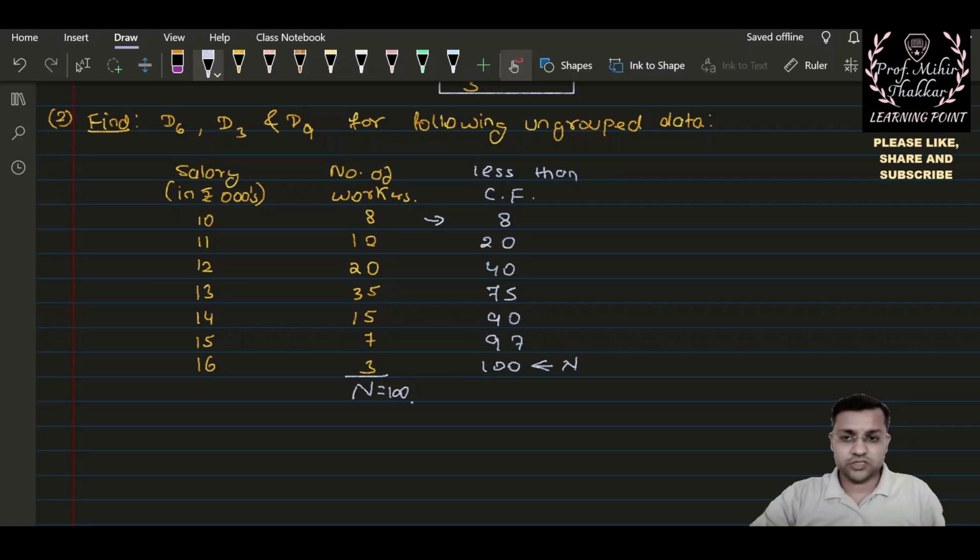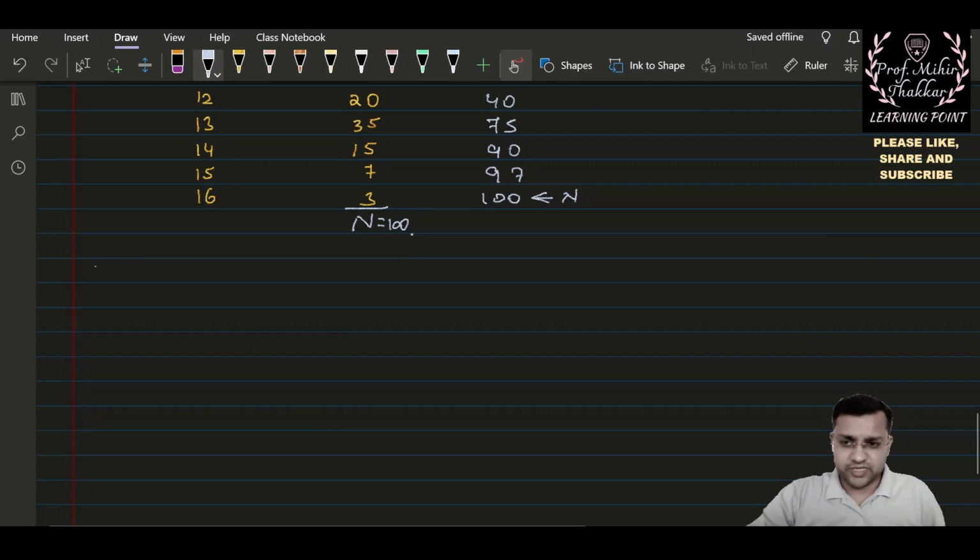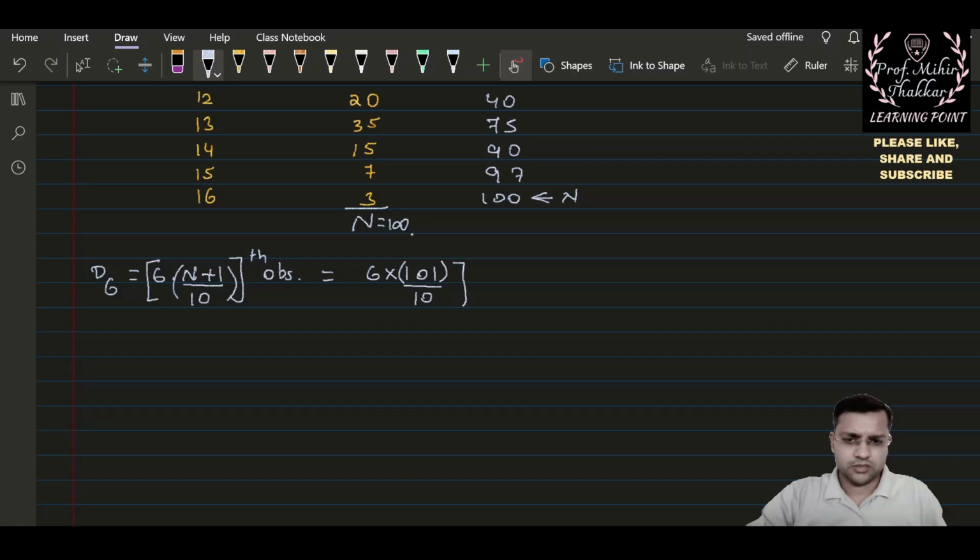Now, when I want to first find the value of D6, D6 is equal to 6 into (N plus 1) divided by the 10th observation, which is 6 into 101 divided by the 10th observation. So 6 into 101 is 606, and if you divide 606 by 10, you get the 60.6th observation.